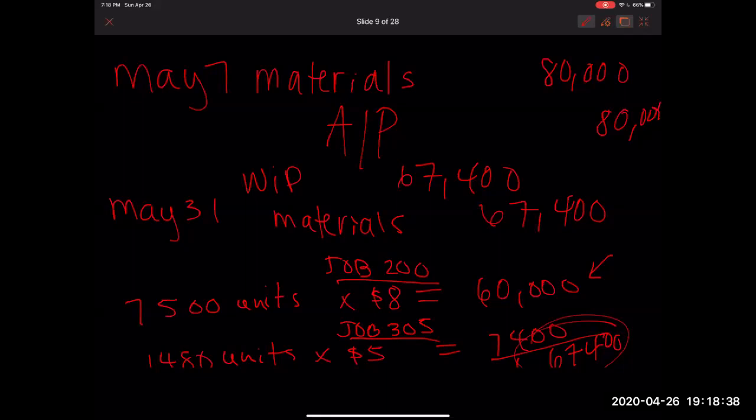But the reason I discourage you from doing that is because no matter how you slice it, this 67,400 is all part of your work in process. Now, when you look into this work in process account, I'm gonna erase for a second, so stick with me.